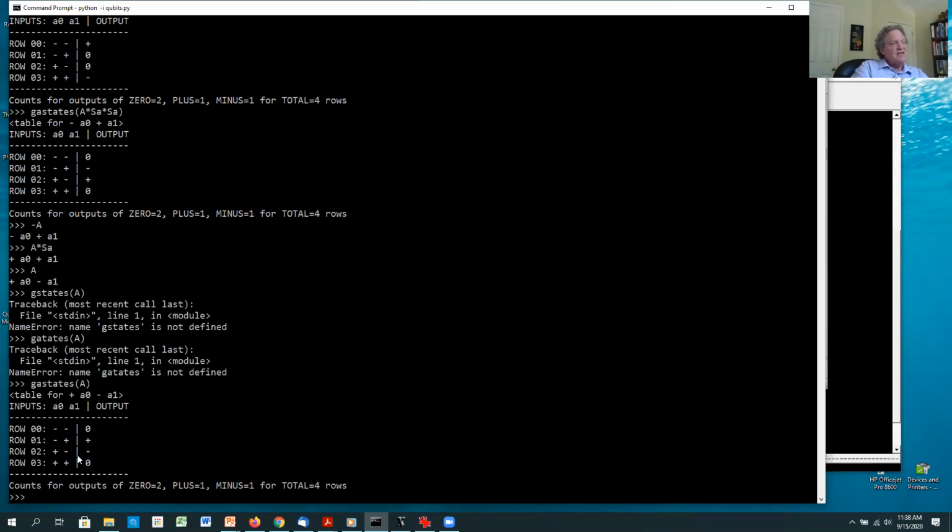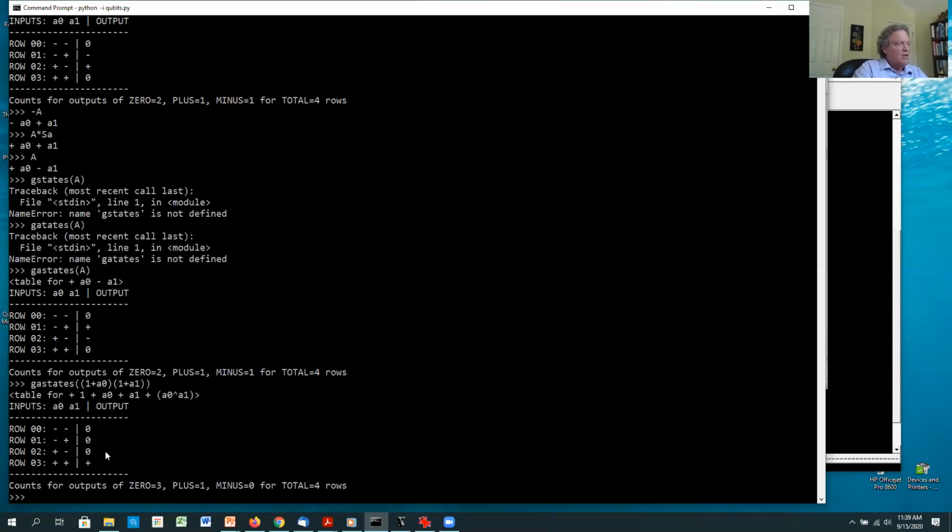But what this means is that because this particular row, remember what I said here, 1 plus A0, 1 plus A1, that one row in this table contains all of these items.